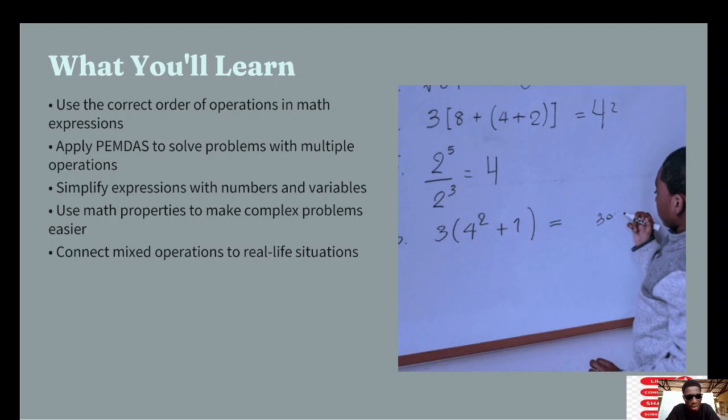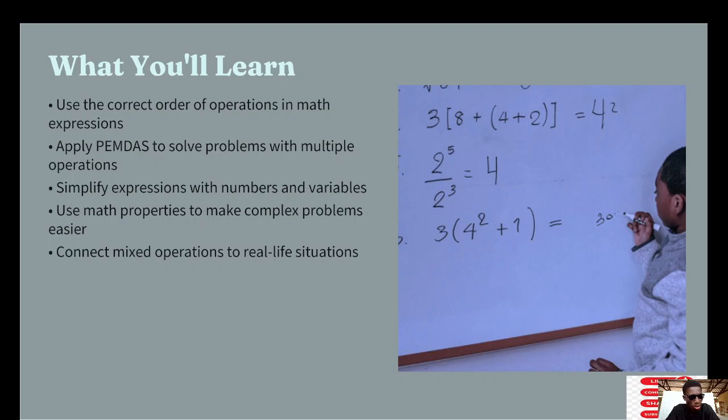I assure you that by the end of this lesson, you'll be able to use the correct order of operations in math expressions. You'll also be able to apply PEMDAS to solve problems with multiple operations, and simplify expressions with numbers and variables.